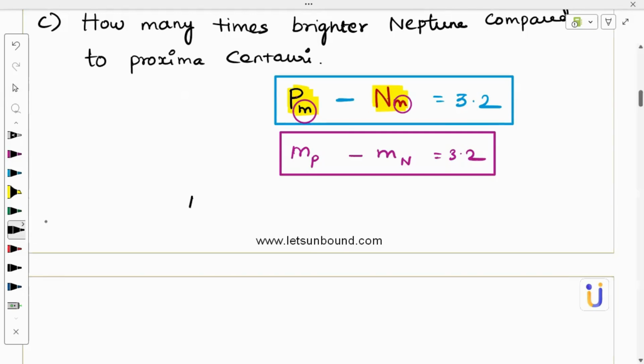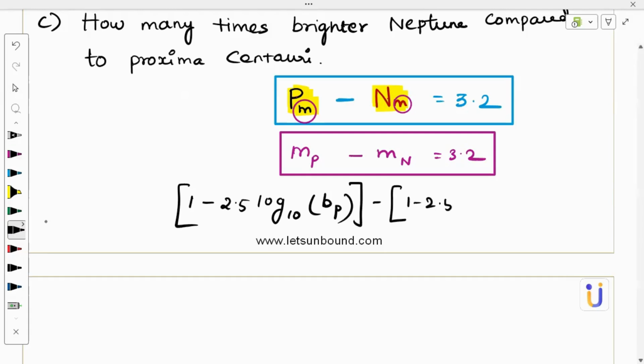So it is 1 minus 2.5 log 10 brightness of the Proxima Centauri, then minus 1 minus 2.5 log with base 10 brightness of the Neptune, equal 3.2.